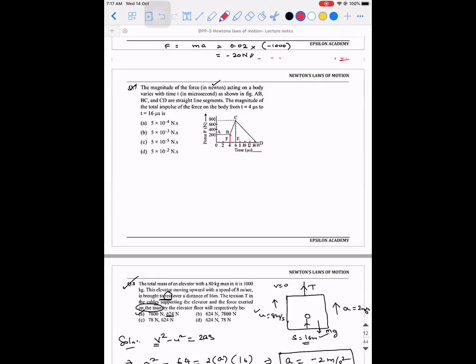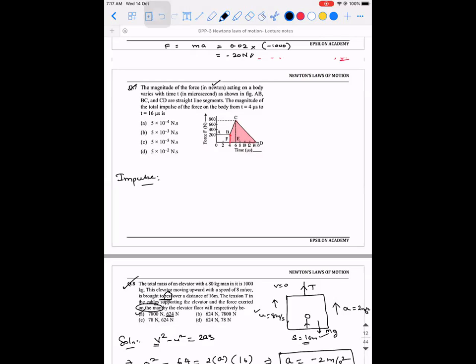So what are they asking, guys? Force and time graph is given. They're asking us the impulse. So you need to calculate the area. So what is going to be the area? Can you tell me? Area of trapezium plus area of triangle.